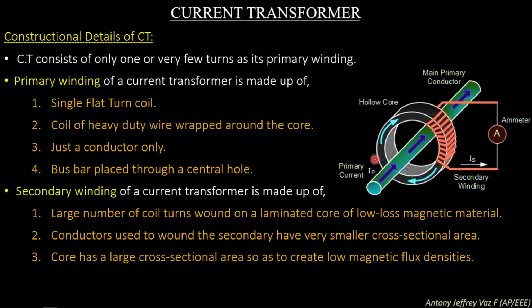This ferrous core material, which is a low loss magnetic material, has a very high cross-sectional area. When this cross-sectional area is large, it creates a low magnetic flux density, which is required for measuring the primary current using the current transformer.